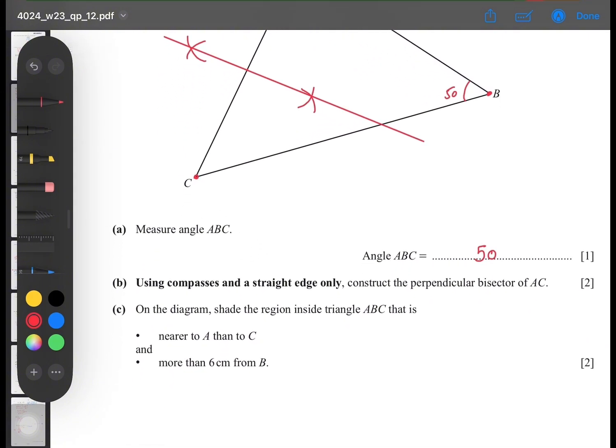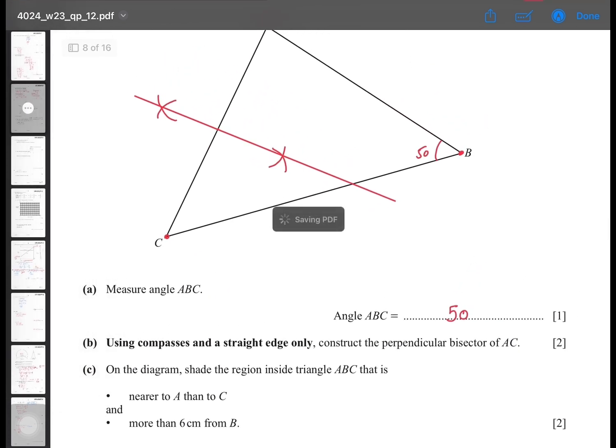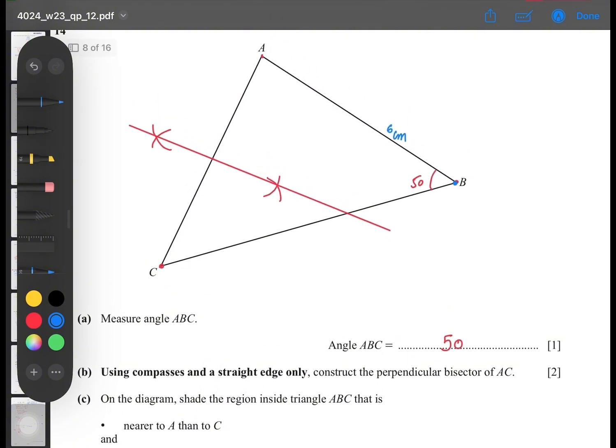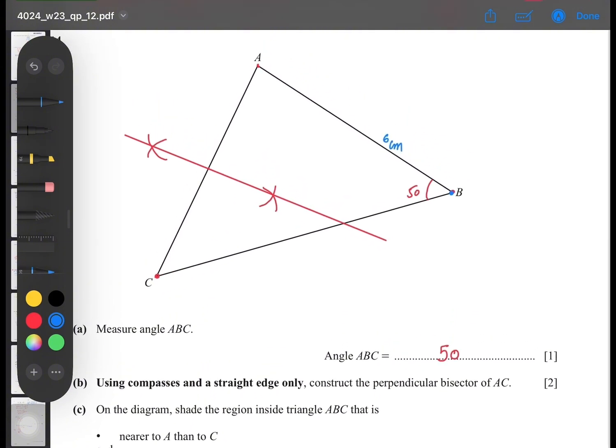On the diagram, shade the region inside triangle ABC that is nearer to A than to C and more than 6 cm from B. So I will again open the compass and keep the compass at B and make an arc of 6 cm. So if I draw it, it will be like that.